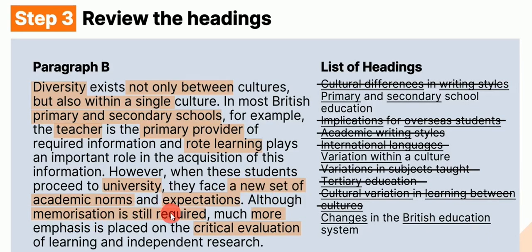But you are going to have to check the paragraph to see if there has been more than one change in the system. Well, now you are left with only 3 possible answers: primary and secondary school education, variation within a culture, and the last heading, changes in the British education system. There is no clear answer yet, so you need to decide.